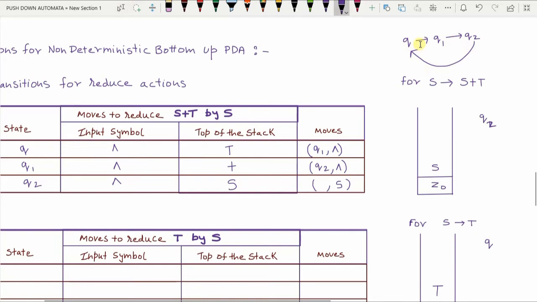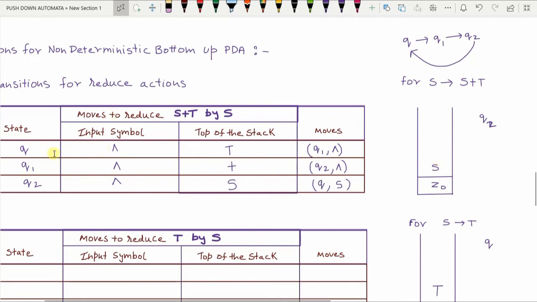So in Q2, after I see that S is on top of the stack, which is required, I have already achieved what is required. So don't you think from Q2 I should move back to my original state Q? Yes. So I am going to write Q here.